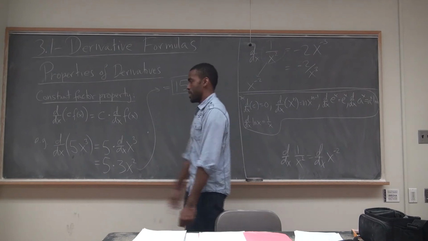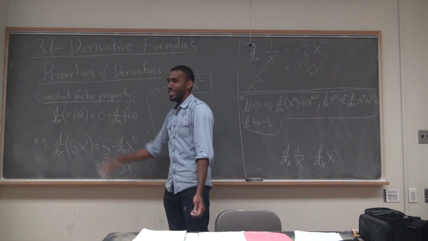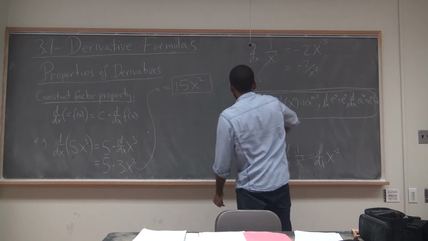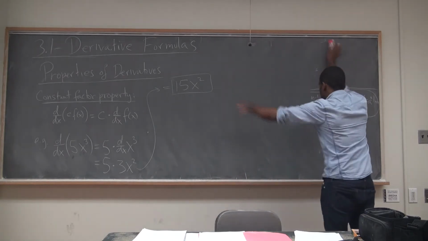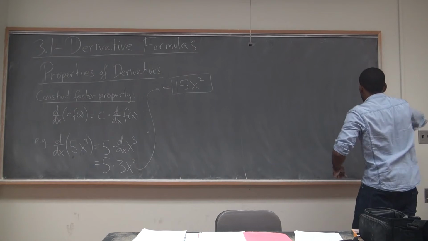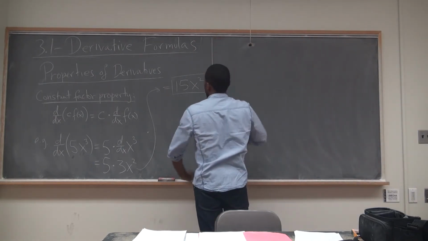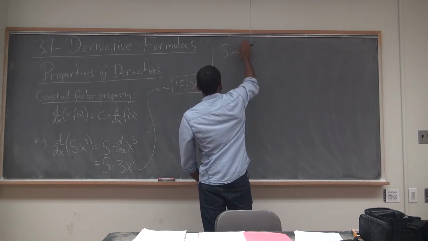Especially since I'm never going to ask you to find the derivative of just one term. It's just going to be a bunch of stuff, and you don't want to waste too much time on one term. Which brings us to the other rules. There is the sum difference property.